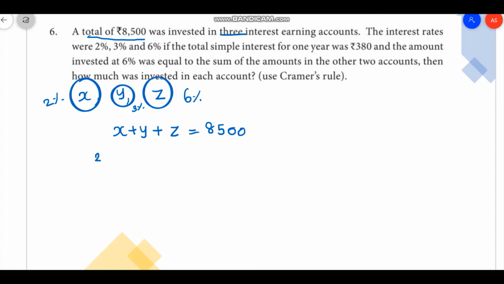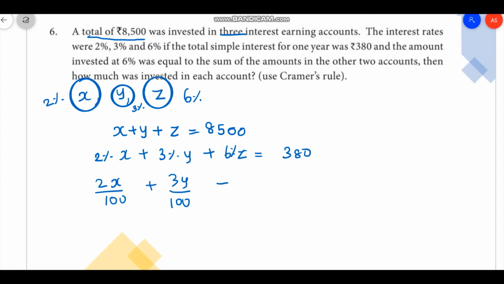So 2% of X plus 3% of Y plus 6% of Z is equal to 380. So 2x by 100 plus 3y by 100 plus 6z by 100 is equal to 380.